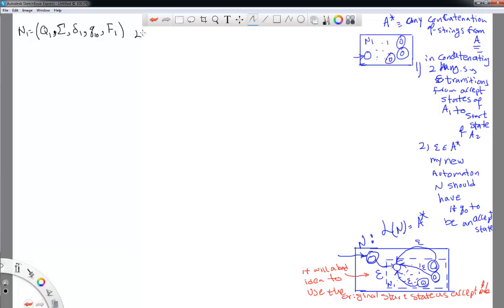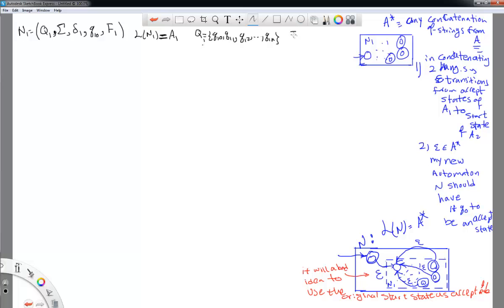And I know that the language of N sub 1 is A sub 1, or that the finite automaton N sub 1 recognizes language A sub 1. The Q sub 1 effectively will be q sub 1 0, q sub 1 1, q sub 1 2, and so forth, q sub 1 n.